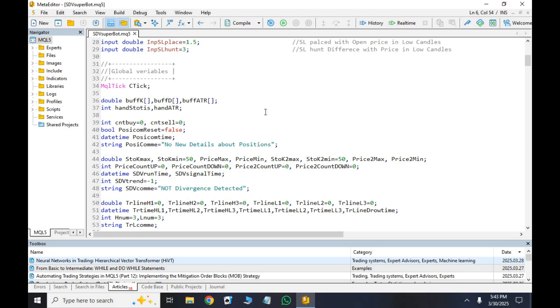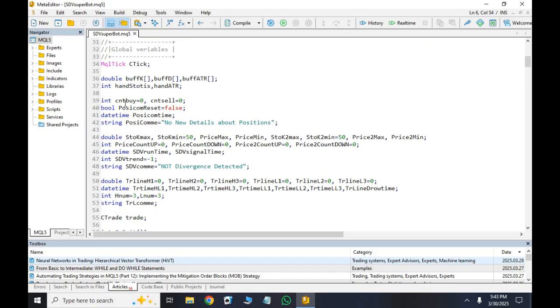They are int variables, integers, and 2 integers for count of buy orders and sell orders. A bool variable for position comment reset, that means the comment about the position details, true or false. If we want to reset the position details, the program can set it true.